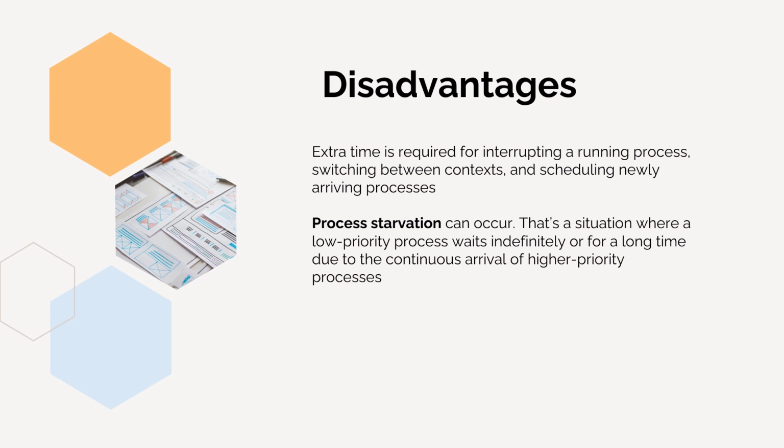Extra time is required for interrupting a running process, switching between contexts and scheduling newly arriving processes. Process starvation can occur. That is the situation where a low priority process waits indefinitely or for a long time due to the continuous arrival of higher priority processes.